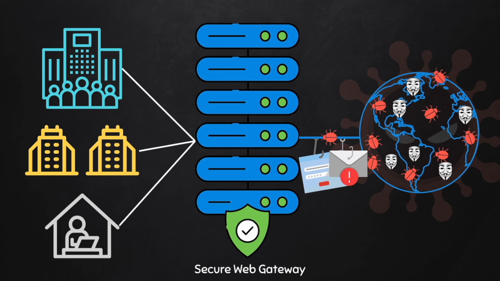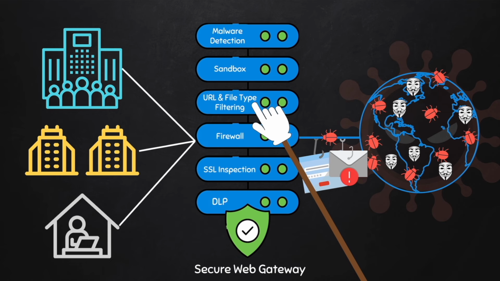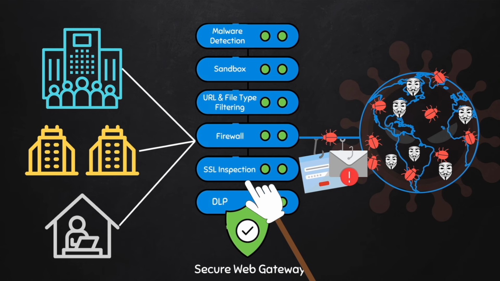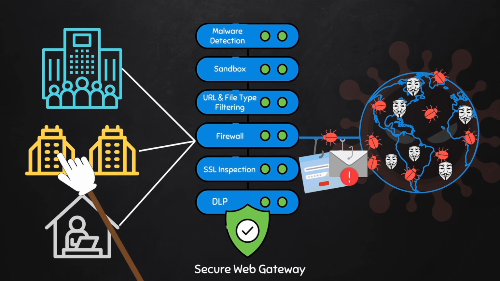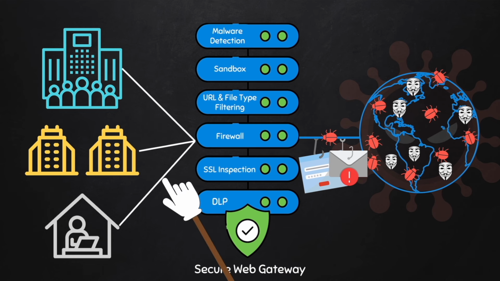Secure web gateways do this by relying on malware detection, sandboxes, URL and file type filtering, firewalls, SSL inspection, and they might have many other features like data loss prevention and so on. As a result, ensuring that the employees, whether they're working from an office or from home, are secure, and as a result, protecting the whole company or organization.